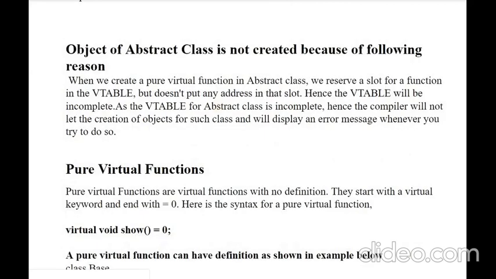What is the reason for not creating any object of an abstract class? When we create a pure virtual function in an abstract class, we reserve a slot for that function in the vtable. We studied vtable and vptr, but because that is a pure virtual function, it doesn't define anything. It does not put any address in that particular slot of the vtable.